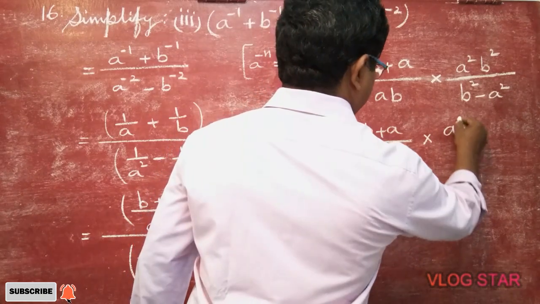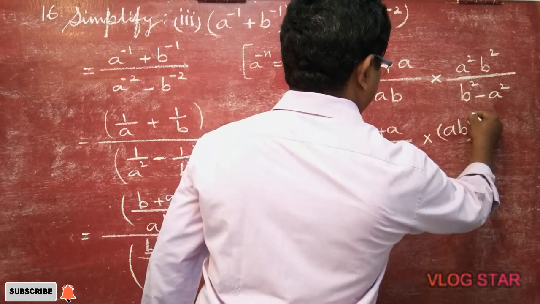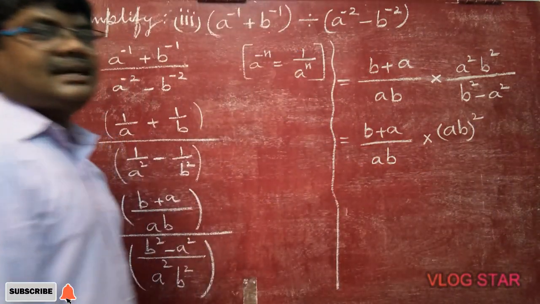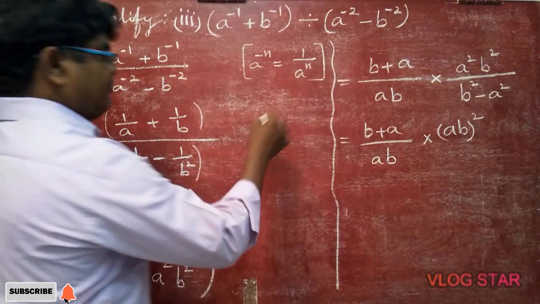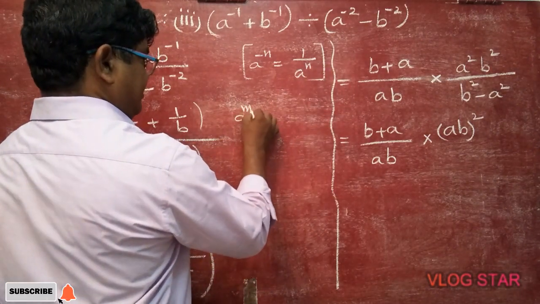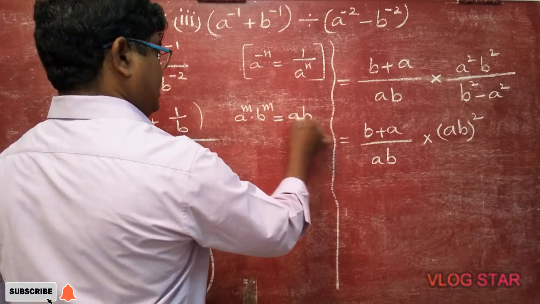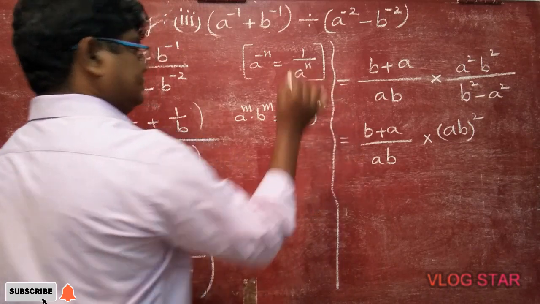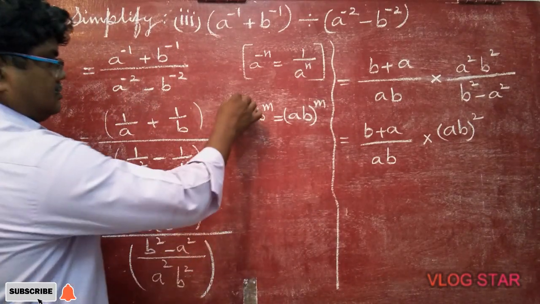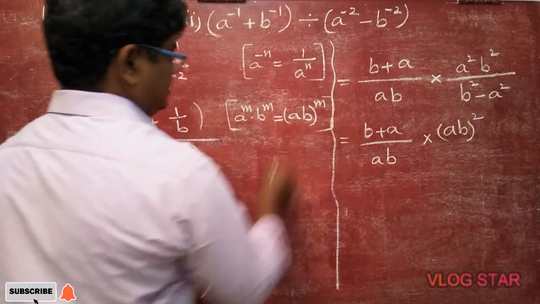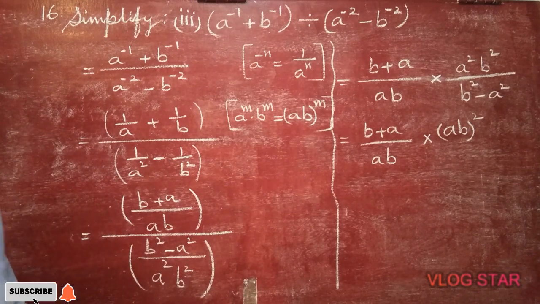It means AB whole square we can write. Powers are same. Which formula means a power m into b power m is equal to ab whole power m. Mention those laws, formulas. This formula we are using.